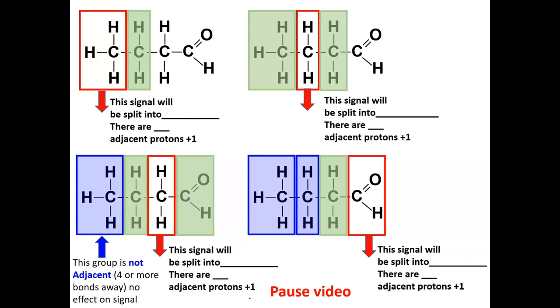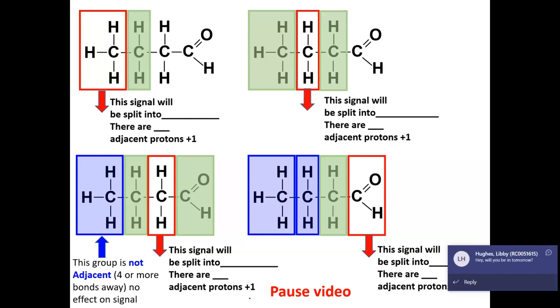The methylene group on our compound will be split into, add them up, 2 on one side, 1 on the aldehyde group is 3, plus 1 makes, of course, 4. So this will be a quartet, and of course there are 3 adjacent protons plus 1.